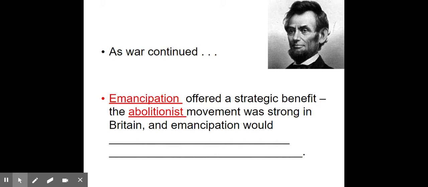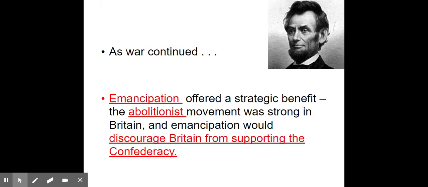Well, if Lincoln makes the war about abolitionism, about emancipation and freeing the slaves, that would discourage Britain from joining and supporting the Confederacy, and France as well. So number one, if Lincoln goes with emancipation and abolitionism, that could keep Britain and France out of the war on the side of the Confederacy.